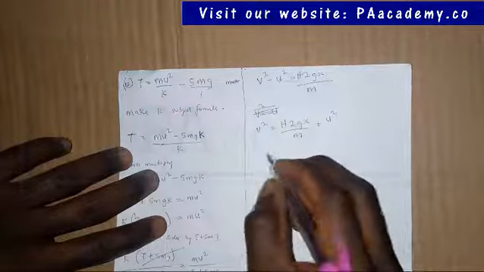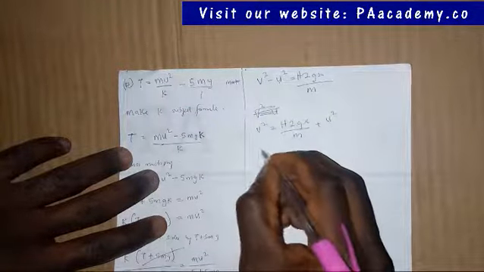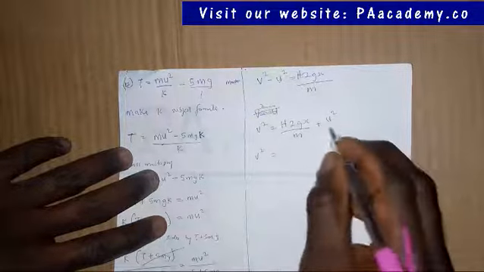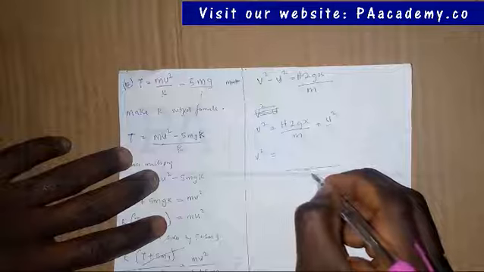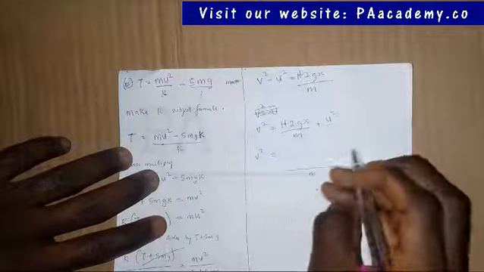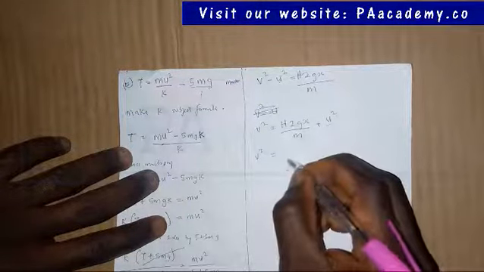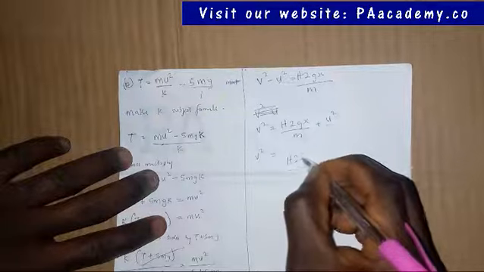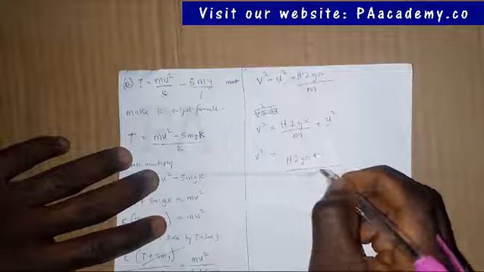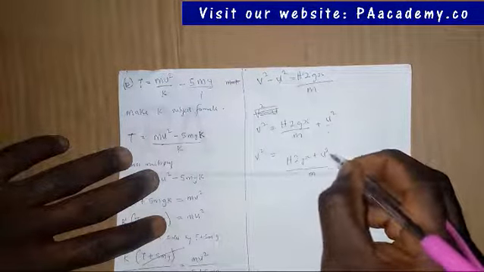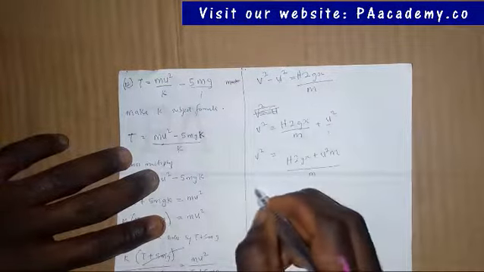So that means we are going to be having v square equals, so this is like over 1. If I look for the LCM here, it is m. So m divided by m is 1, multiplied by this, that will be h2gx plus u square m. Exactly. So now we can find the square root of both sides.